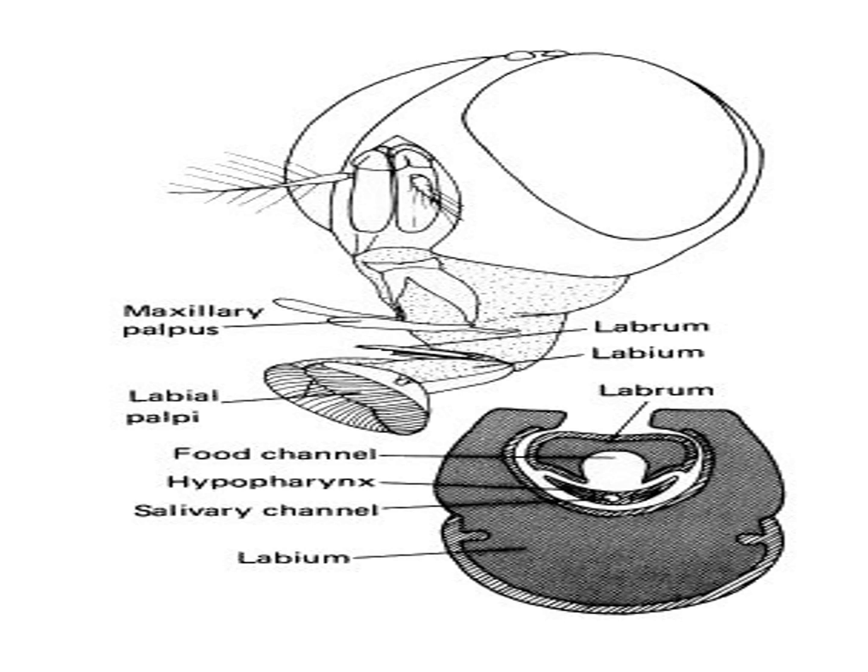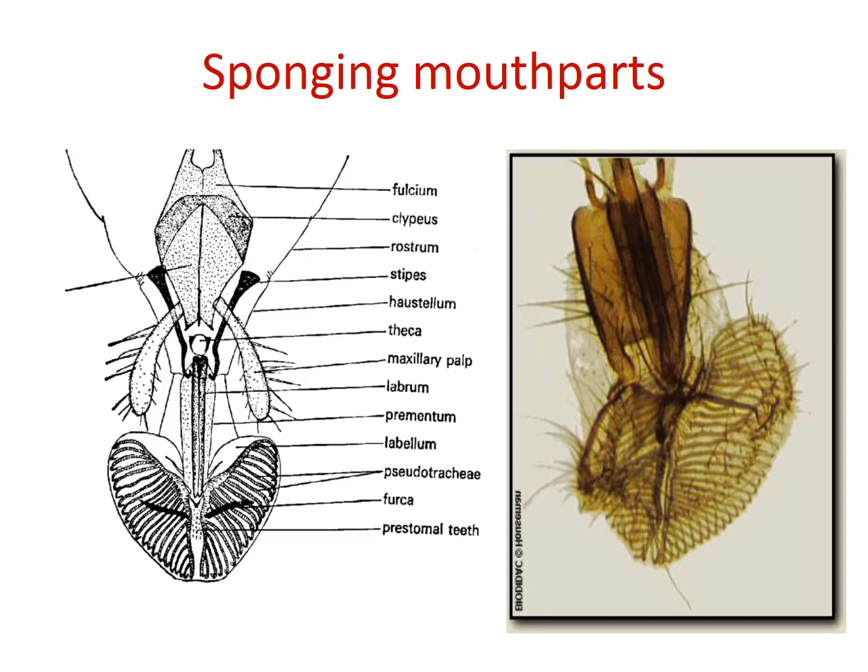So this is a picture which shows the sponging type of mouthparts. Here we can see an enlarged labium which encloses the labrum, and labrum is enclosing the food canal. Then the hypopharynx also we can see, which encloses the salivary canal. So this is the photograph of the mouth part of a housefly.